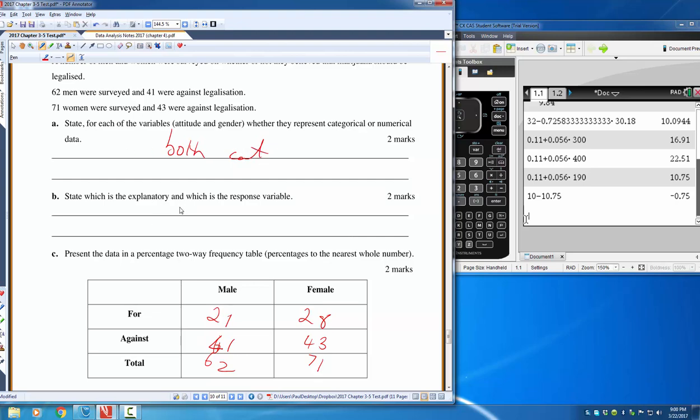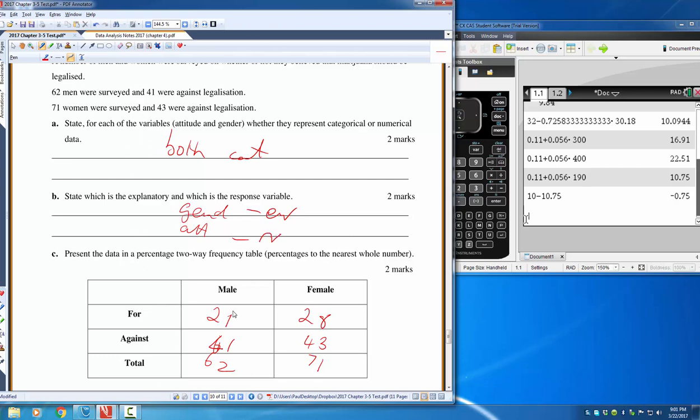Alright, the explanatory and the response. What we're looking for is, as the gender of the individual changes, we're looking at their attitude. So gender is the explanatory variable because that explains the attitude. So attitude is therefore the response variable.